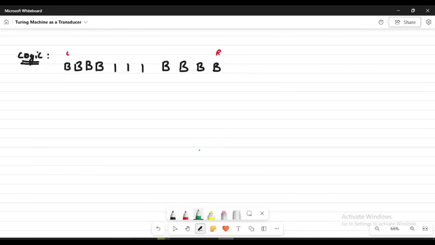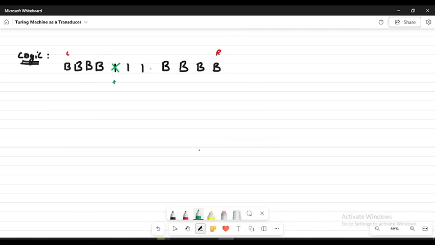For building the logic, I'm taking an example of three ones as input, and in the output there would be six ones. I will start from the left hand side. Whenever I see a one, I will make it x.